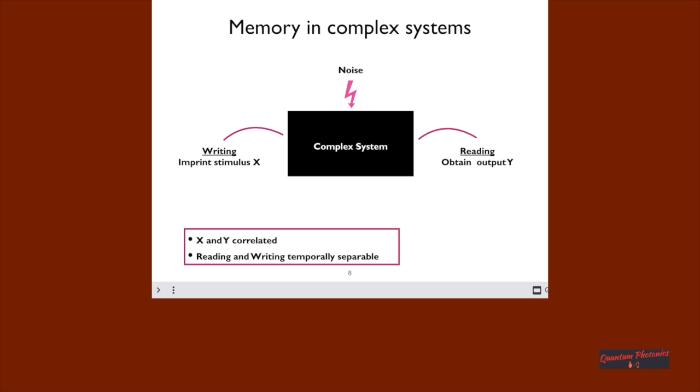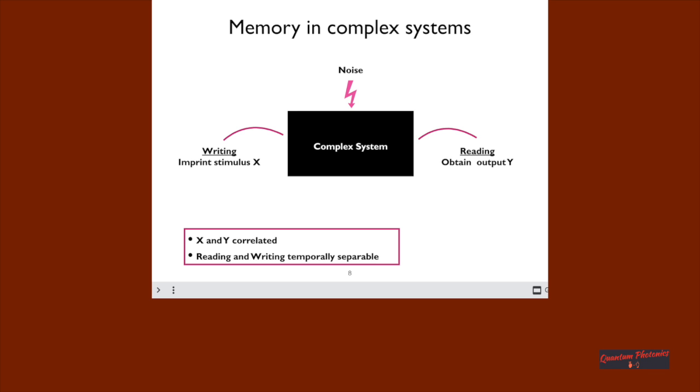So now we are thinking about memory from a very, very general perspective, not just thinking about the memory we have as humans, which also fits into the same definition of memory, where we get some kind of information or get some kind of knowledge or skill in our system, in our brain, in our neural network, and we read out this information much later, after we have actually written the information in our neural network.